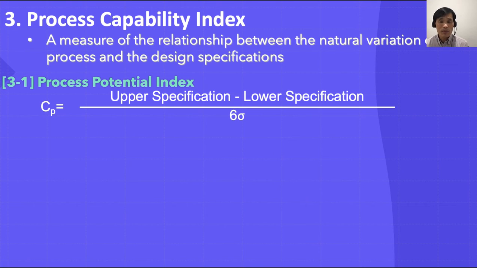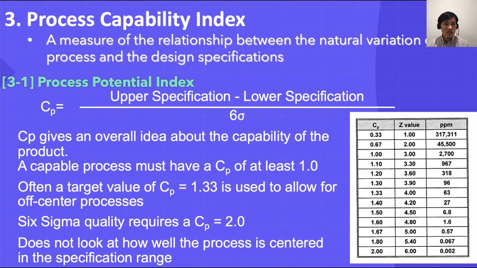And this can be calculated by using this formula. Cp equals upper specification minus lower specification divided by 6 times sigma. So, comparing to the specification, how well your process is performing, that's what it tells you.